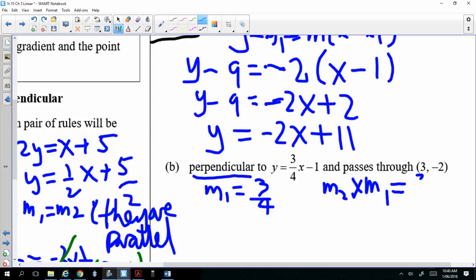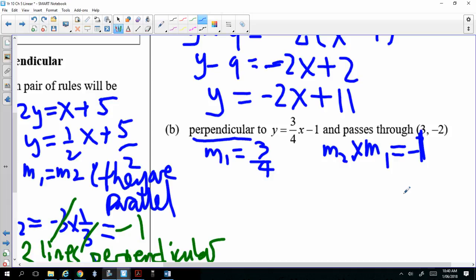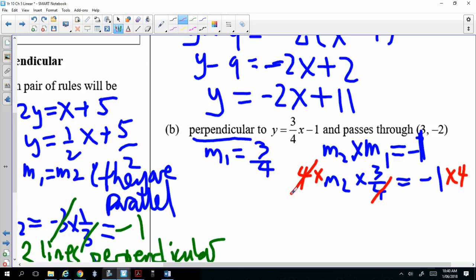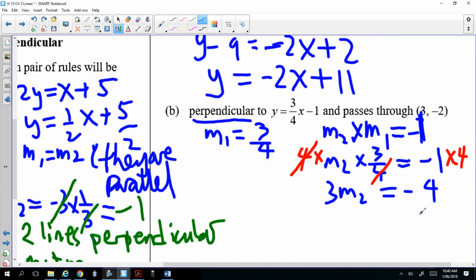And you have to solve for the second gradient. So you do m2 times 3/4 equals -1. And to find m2, you can multiply both sides by 4, which cancels this 4. You'll get -4 and then divide by 3. So write m2 equal to -4/3.